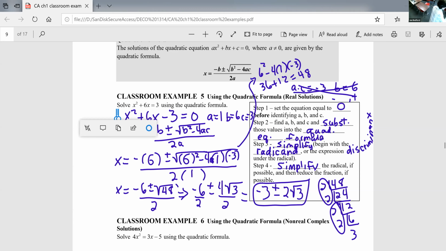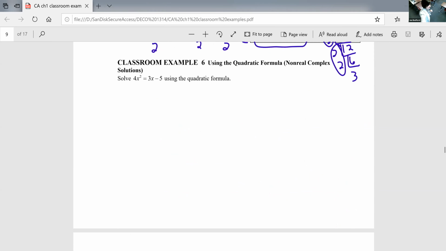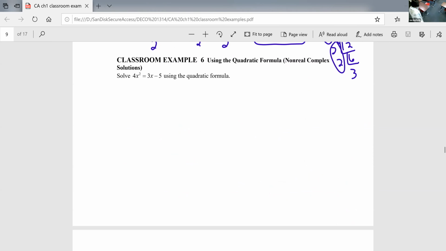No, I won't. C is actually -3 because I have to set it equal to 0 before I start, okay? So let's try example 6. So you've got your notes packet out from chapter 1, right? And let's see if we can do this using the quadratic formula.